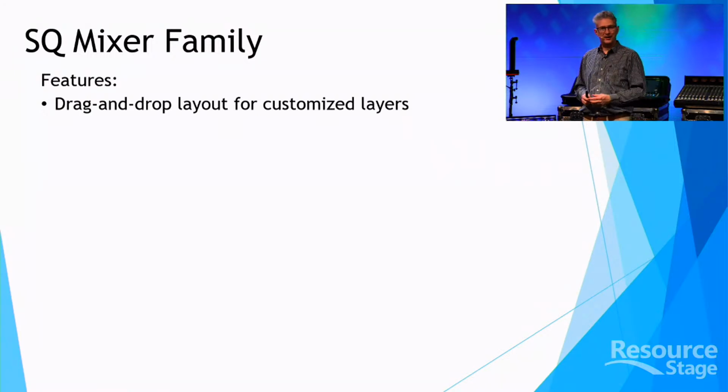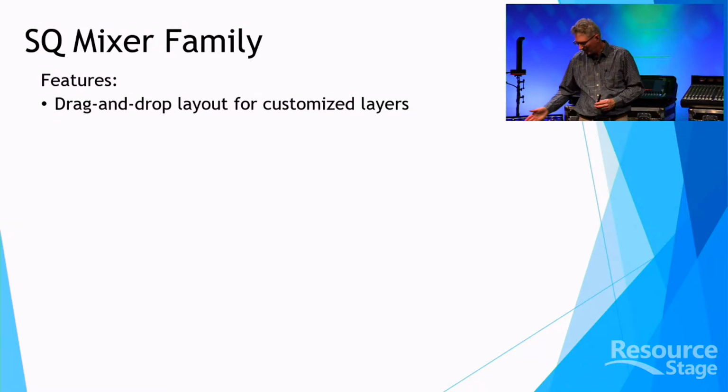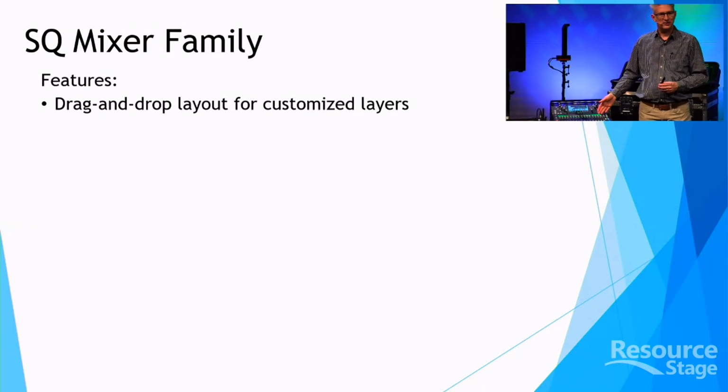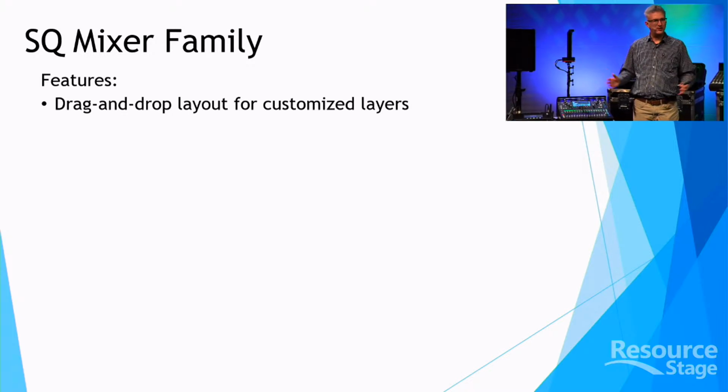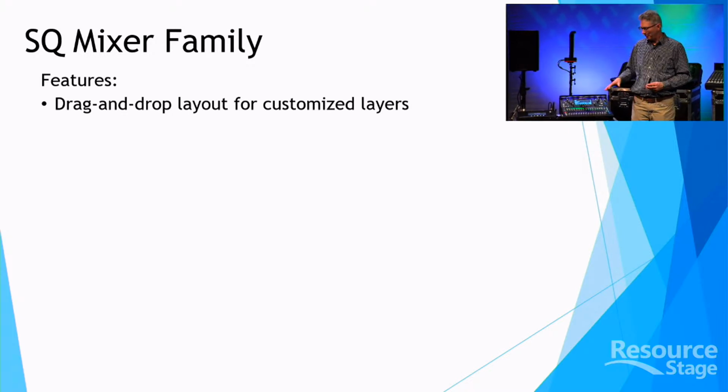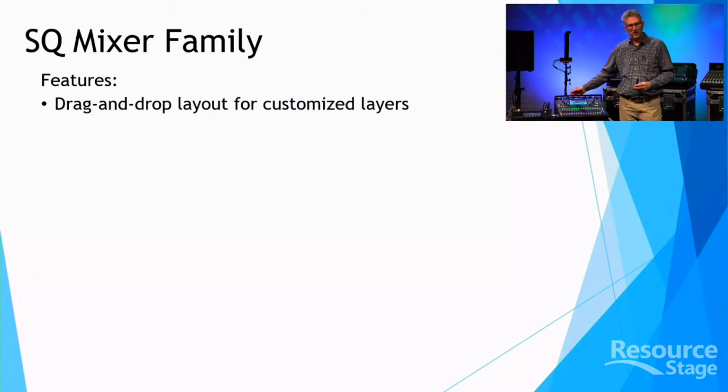Drag and drop layout for customized layers. So on the SQ here, we can lay out each layer however we want to, and we can assign whatever socket to whatever fader and lay that out on the console however we want to.